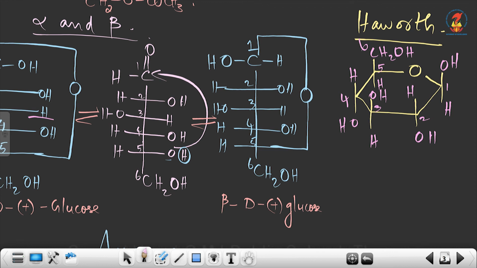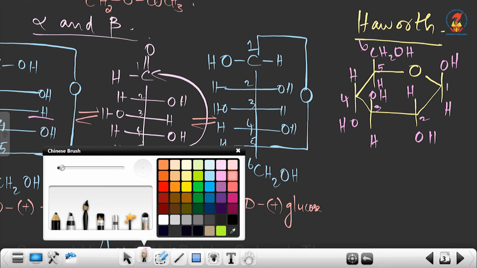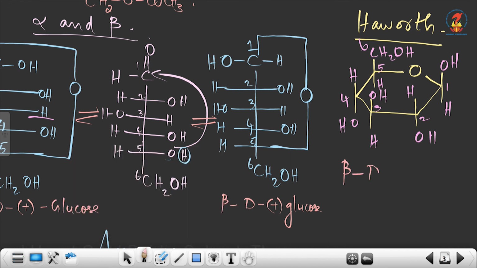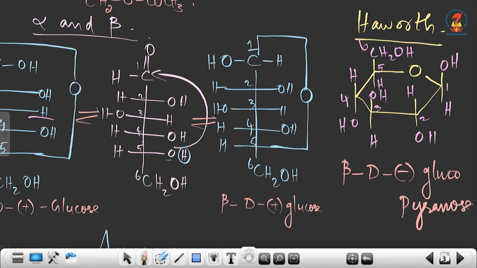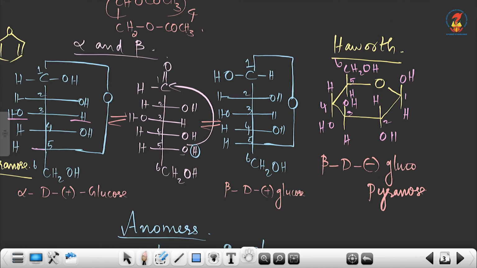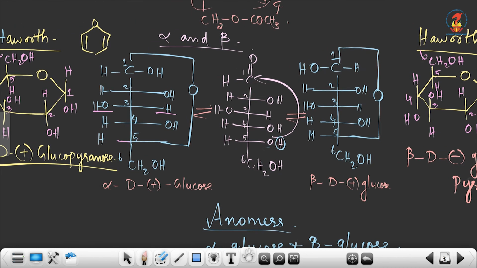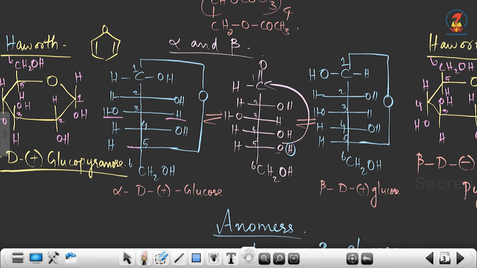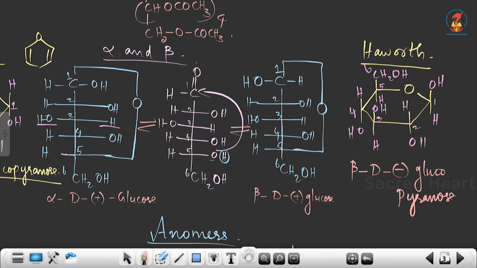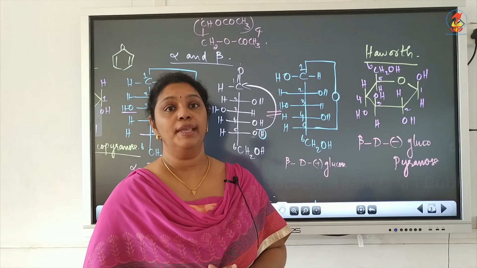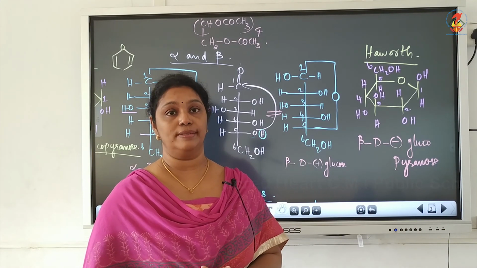And now the name of this compound is beta D minus glucopyranose. Okay, so this is the Haworth structure of glucose, that is alpha D plus glucopyranose and beta D plus glucopyranose. So look at the cyclic structure of glucose and draw the Haworth structure for glucose.